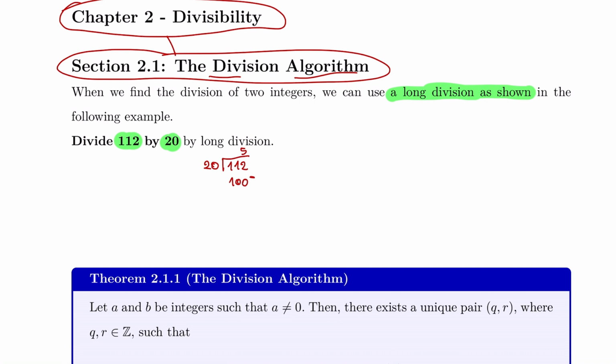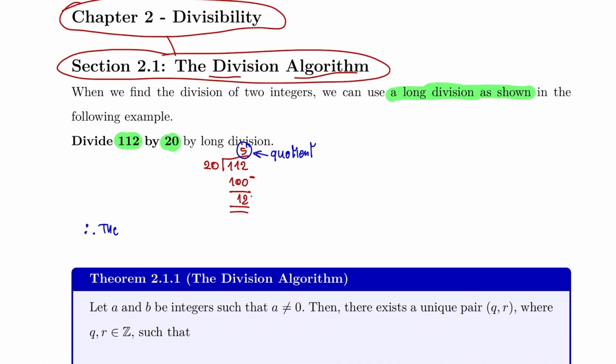And then we subtract 100 from 112, so it turns out to be 12. Once the result of the subtraction is less than the divisor, we end the process of division. So we're going to have this result. This number is the quotient.